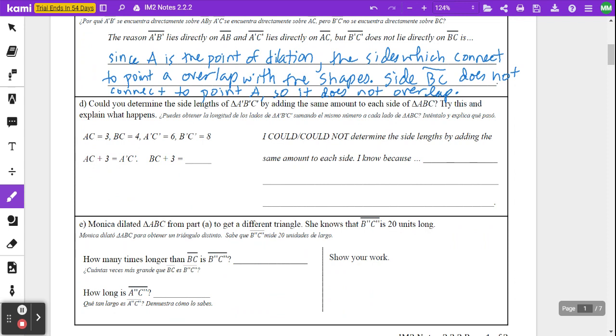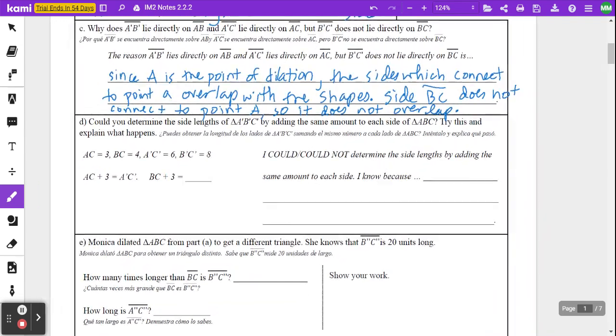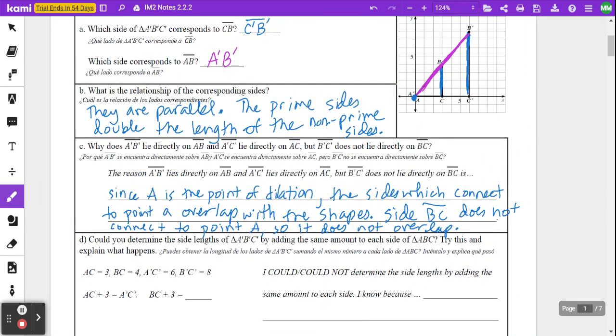Number 2, D. Could we determine the side lengths of A prime, B prime, C prime by adding the same amount to each side of triangle ABC? Okay, well, let's try that and see what happens. So notice that AC started out as 3 and ended up as 6.